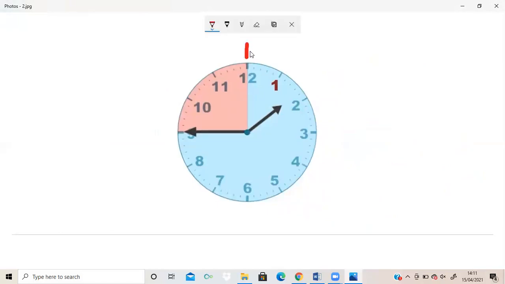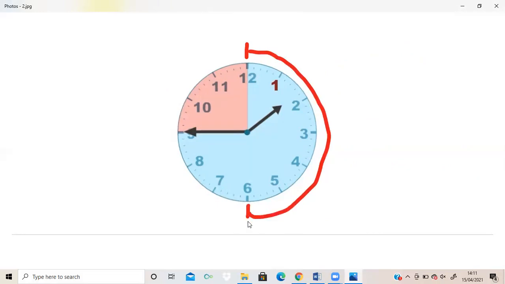It moves round half here, and then another quarter until here. That means one quarter, two quarters means half, and three quarters of the journey the minute hand has already completed.